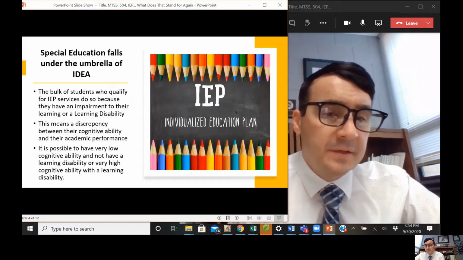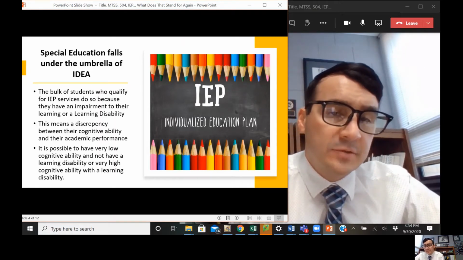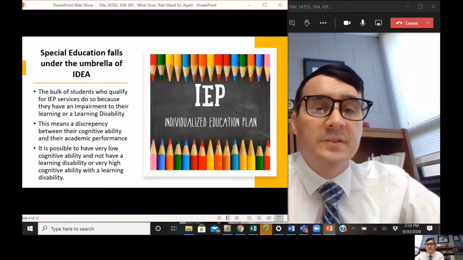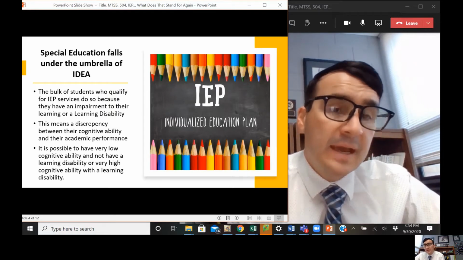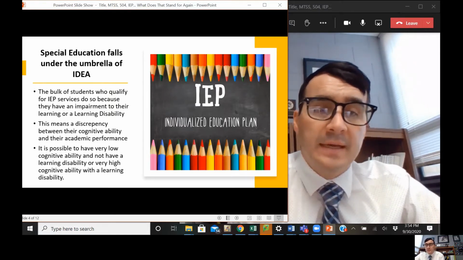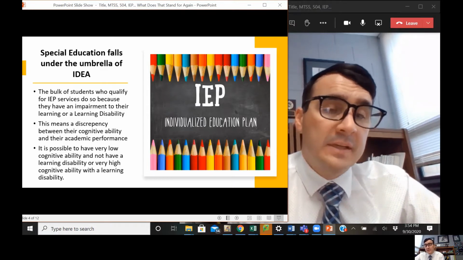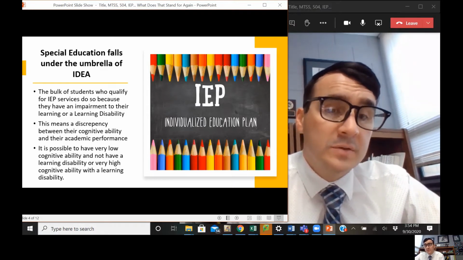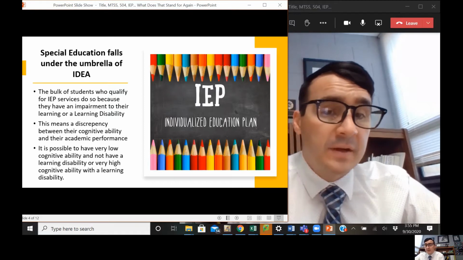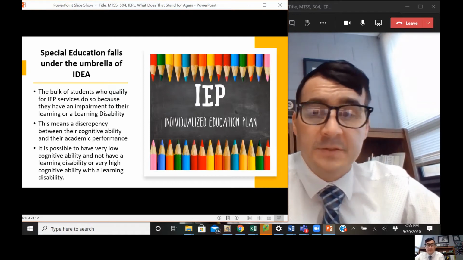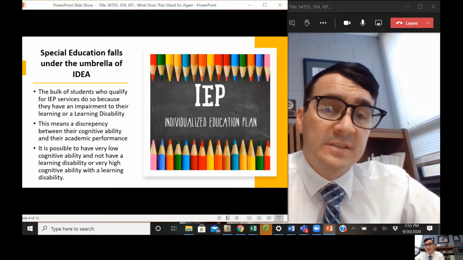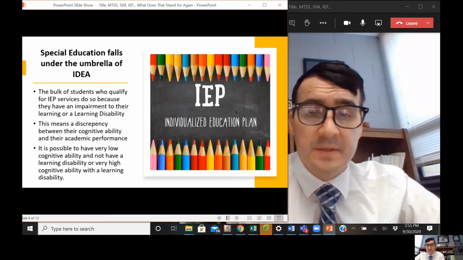A learning disability is a discrepancy between somebody's ability and their performance. A student can be gifted and qualify as needing special services, or a student on the flip side could have very low ability but not qualify for special education because there isn't a discrepancy between their performance and their ability.